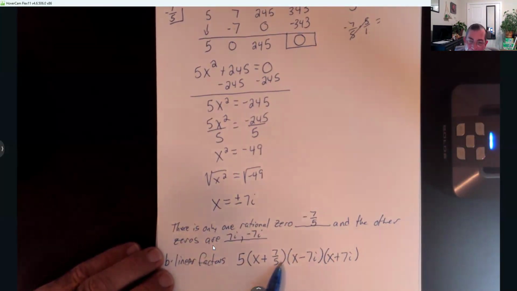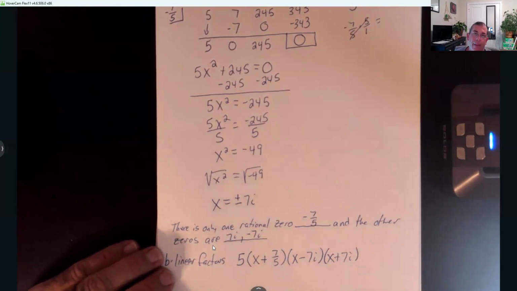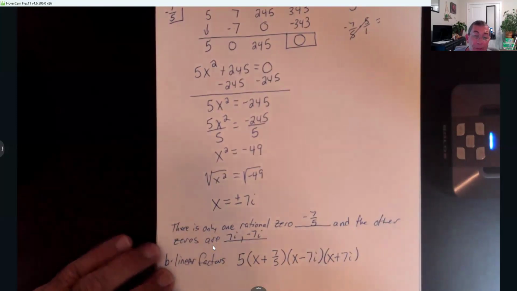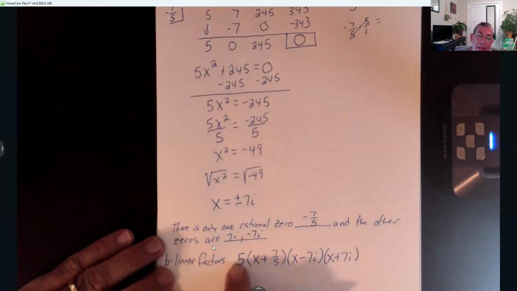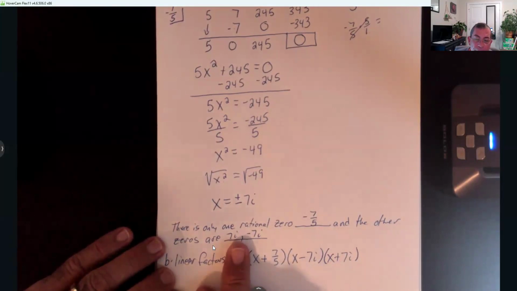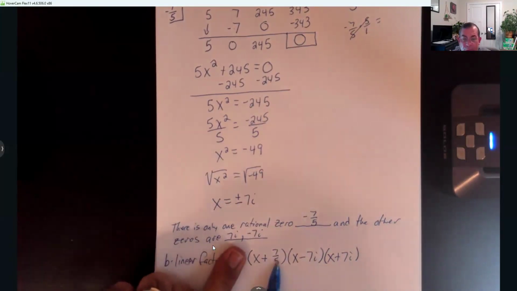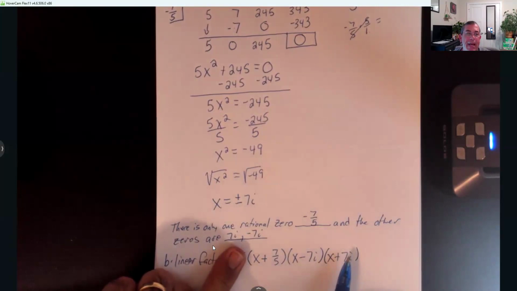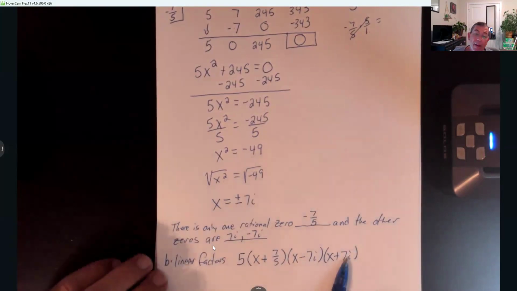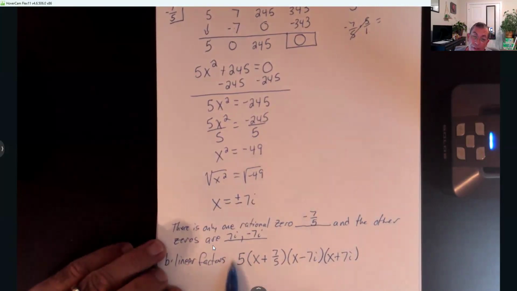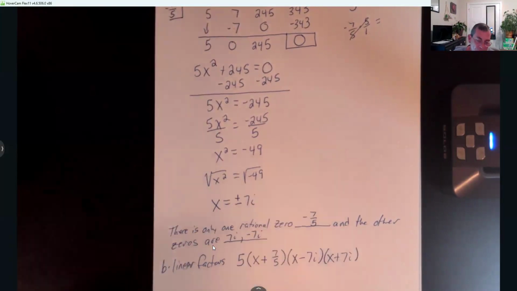So if you got a fraction, whatever your denominator is, you have to put that in the front of the linear factors, okay? Now, I don't know why MathLab does it, but whoever wrote the book, that's how they answer them. Me personally, I would probably just do the x plus 7/5, x minus 7i, x plus 7i. But we got to do it the way MathLab does to get credit on it. So when you got a fraction, that denominator goes to the front.